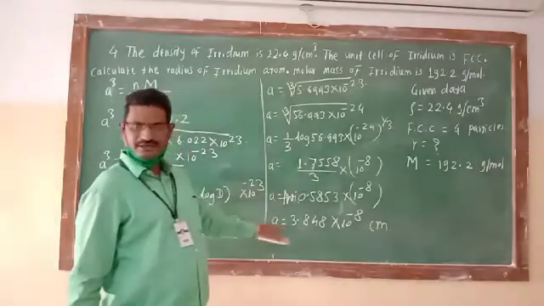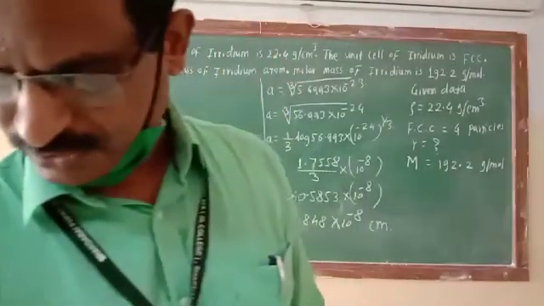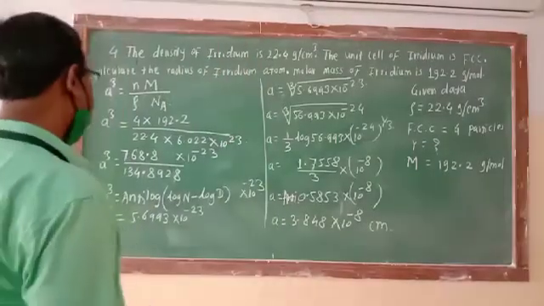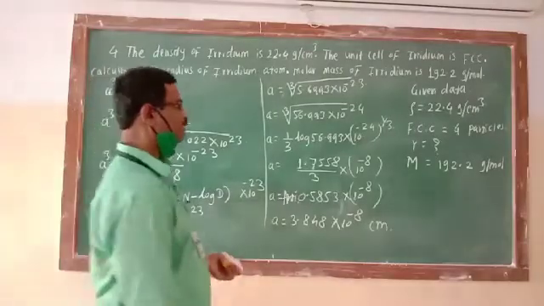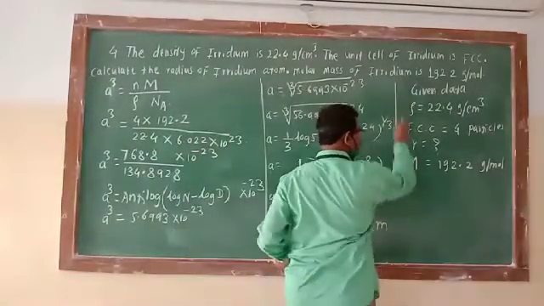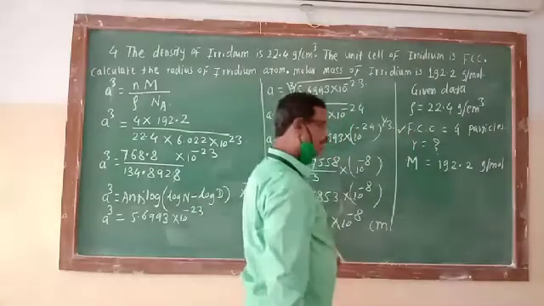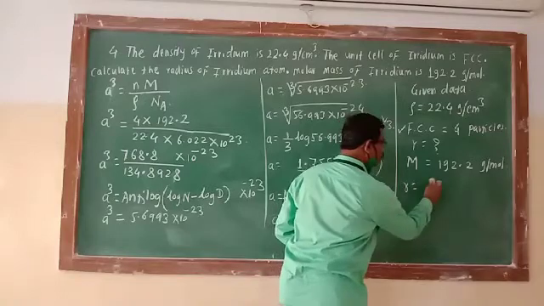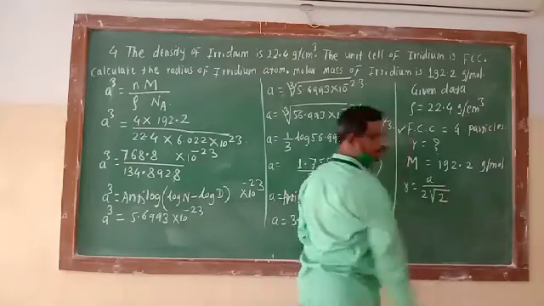And after calculating the edge length, we have to calculate the radius. Now it is very simple to calculate the radius, because this is the FCC structure, and for FCC we know that R is equal to A upon 2√2.